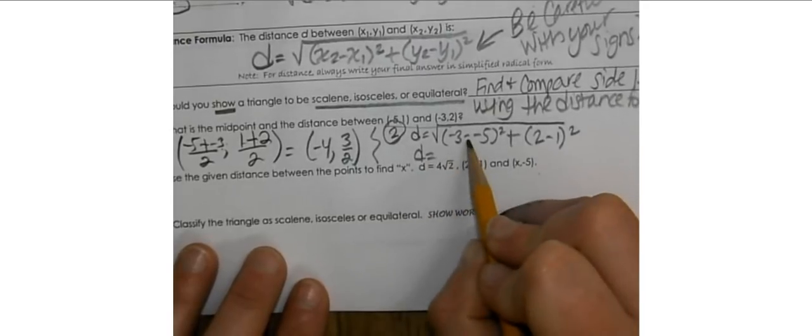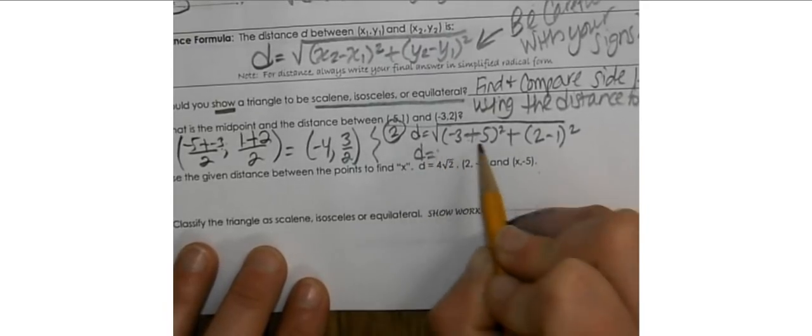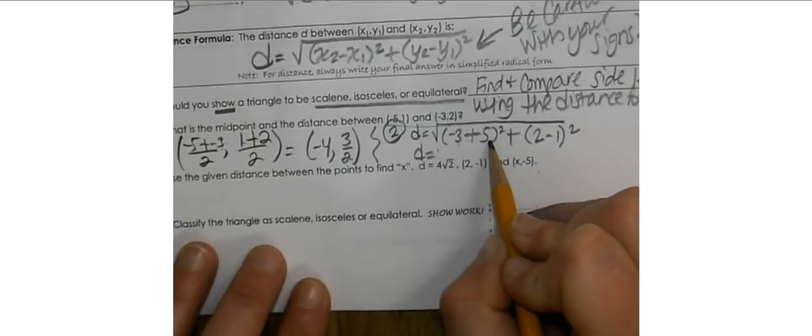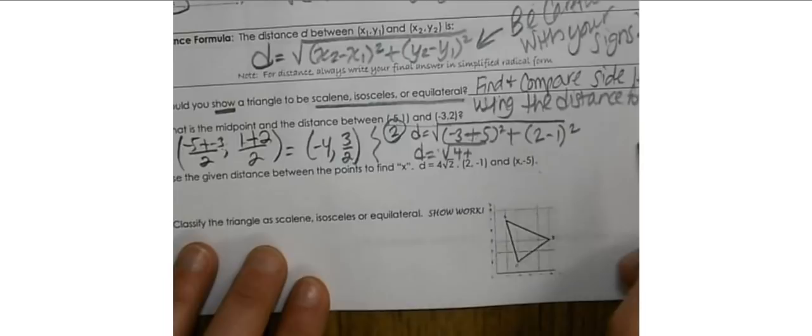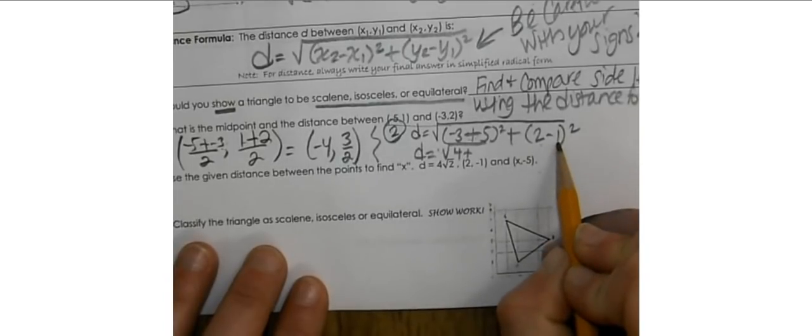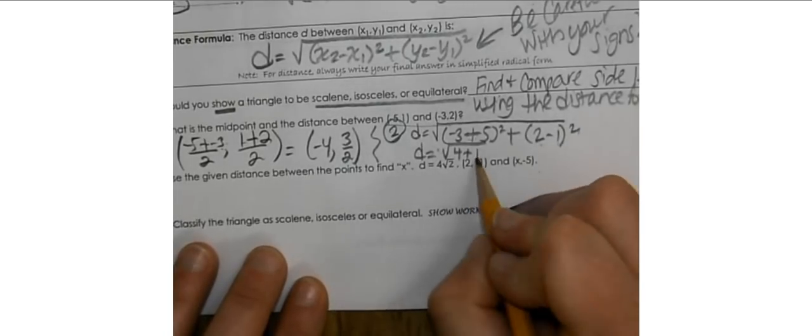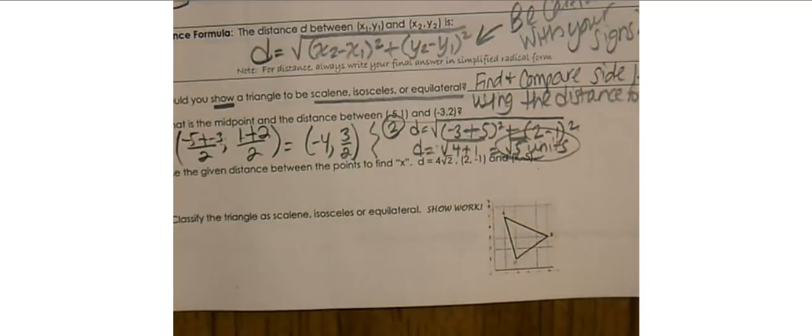So now I have d is equal to, negative makes a plus, -3 plus 5, which is 2, 2 squared, which is 4. So this is the square root of 4, plus 2 minus 1 is 1, and 1 squared is 1. And 4 plus 1 is 5. So this is the square root of 5 units, and that is your distance. Leave your answer in simplified radical form for these problems unless you are requested to work with decimals.